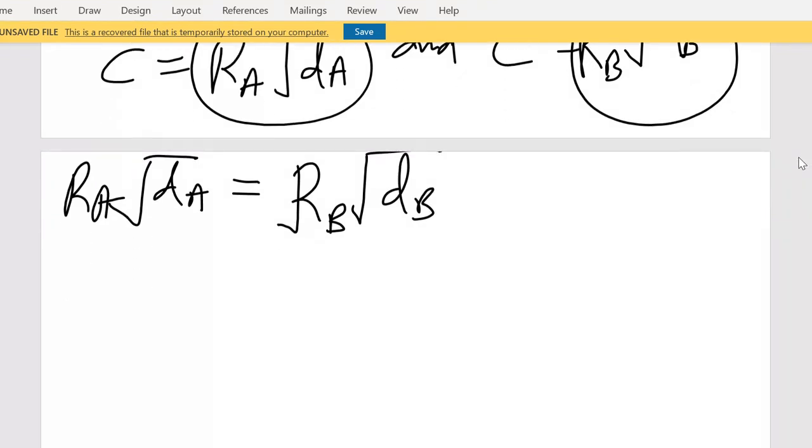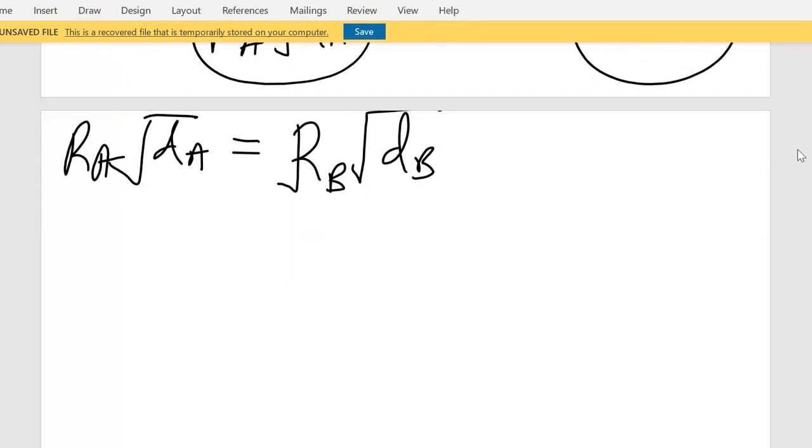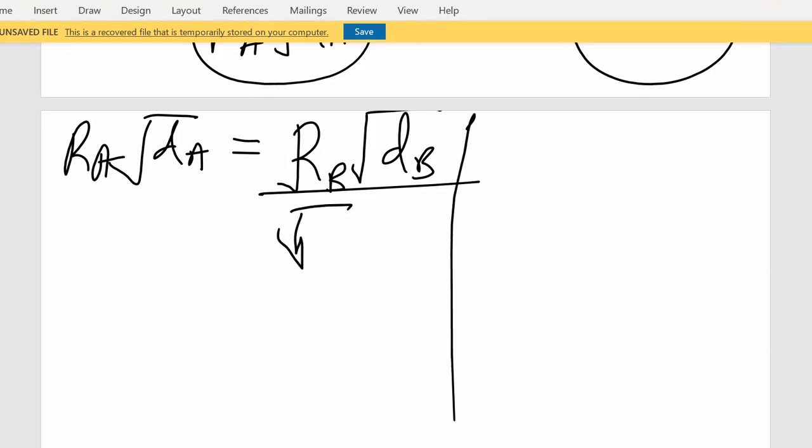So let's make RA over RB the subject of this formula. So it means we divide here by RB, divide by RB.